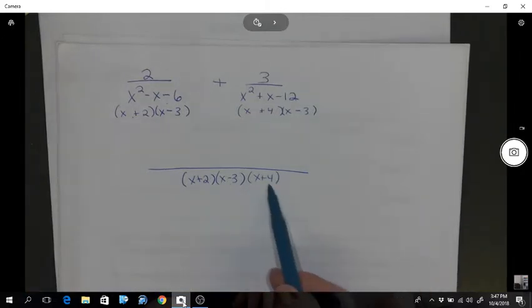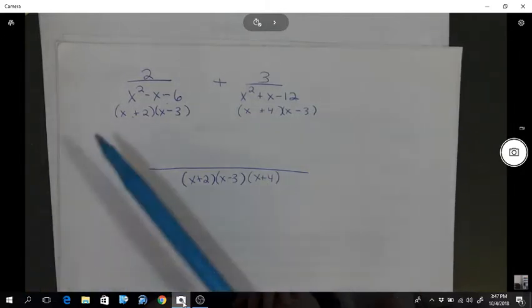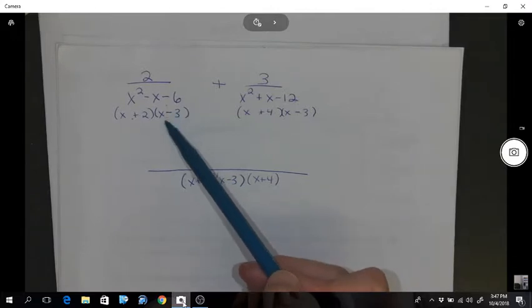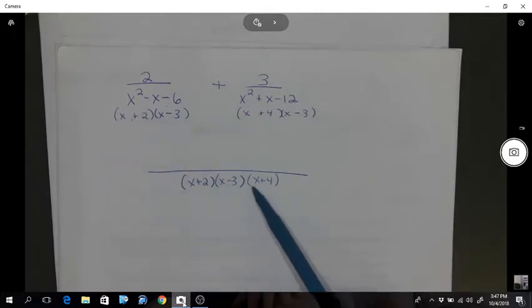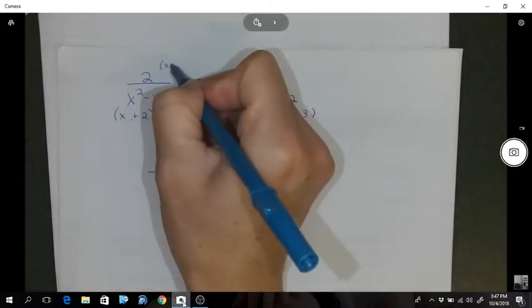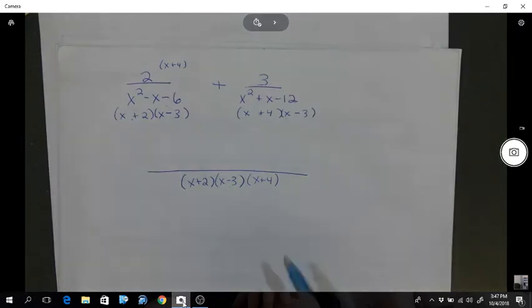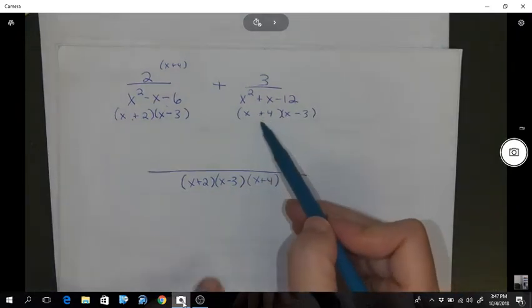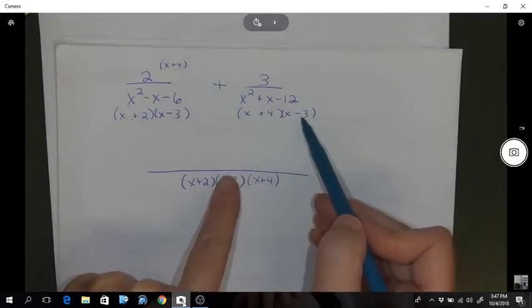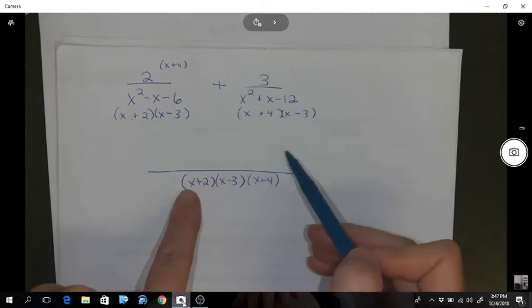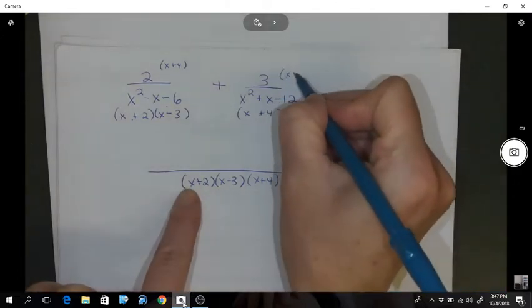So now this is my common denominator. What did I multiply by? First fraction, it had that, so it got multiplied by x plus 4. So I need to do that to the numerator. Second fraction, it had that one, so it got multiplied by x plus 2.